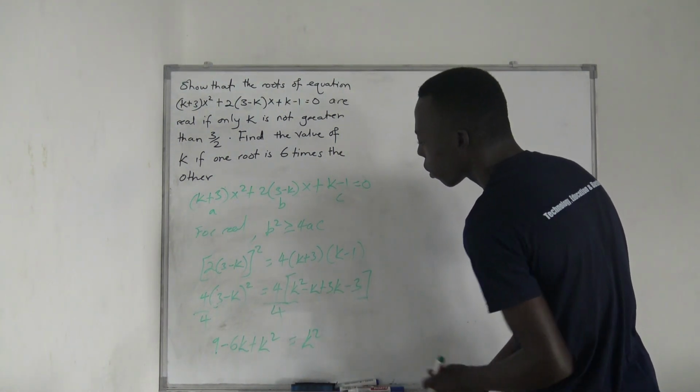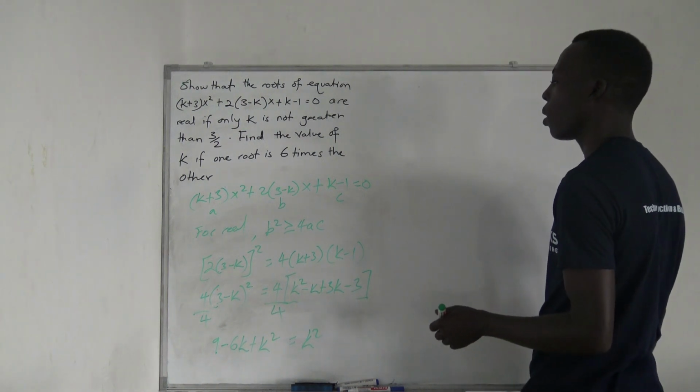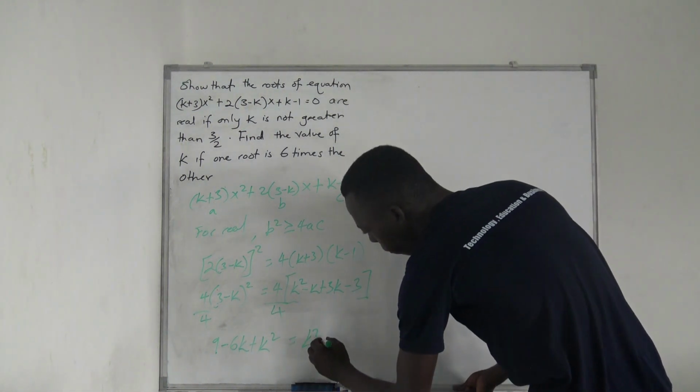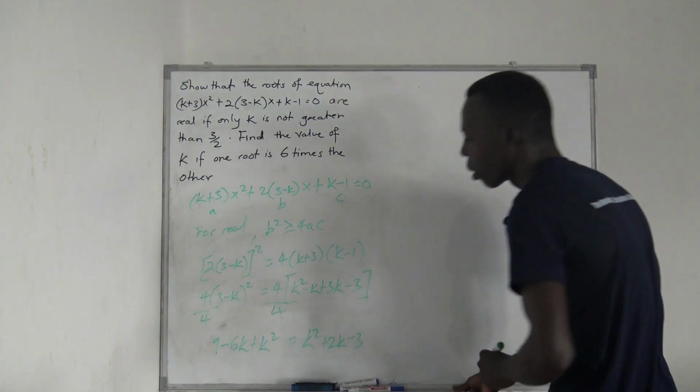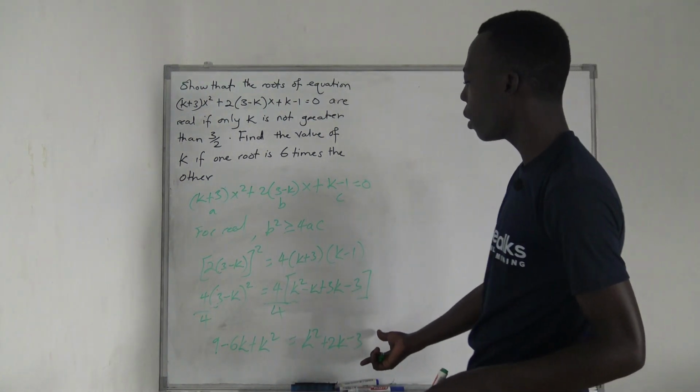This is greater than or equal to k squared plus 2k minus 3. So that's what we shall have on this side and the other side.